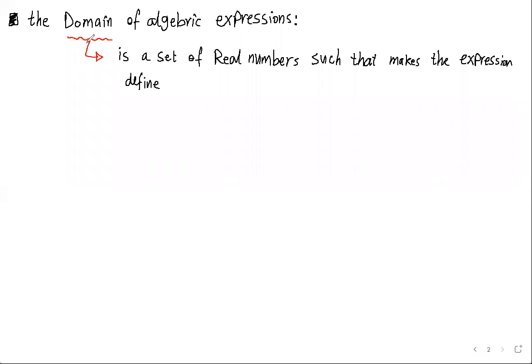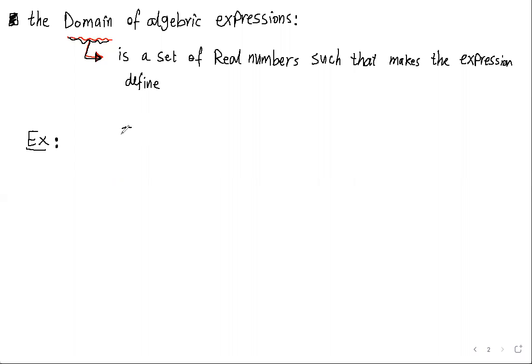Now let me give you an example to know how to find this set. Now we're going to find what this set looks like. So I give you an example, and by this example I explain the domain more.